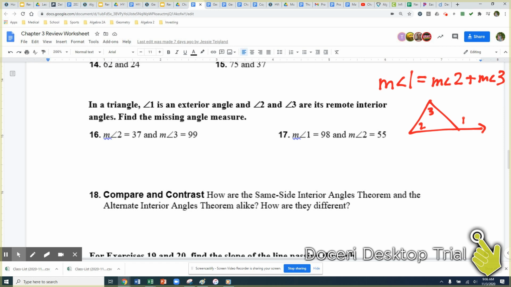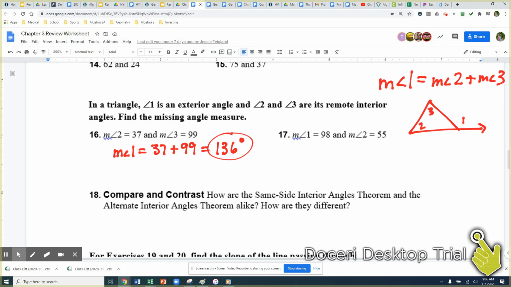So the measure of angle 1 is going to equal 37 plus 99, which is 136. So the measure of angle 1 is 136 degrees. Since the triangle has 180 degrees, angle 1 makes 180 with that same angle, so those two angles have to add up to angle 1.